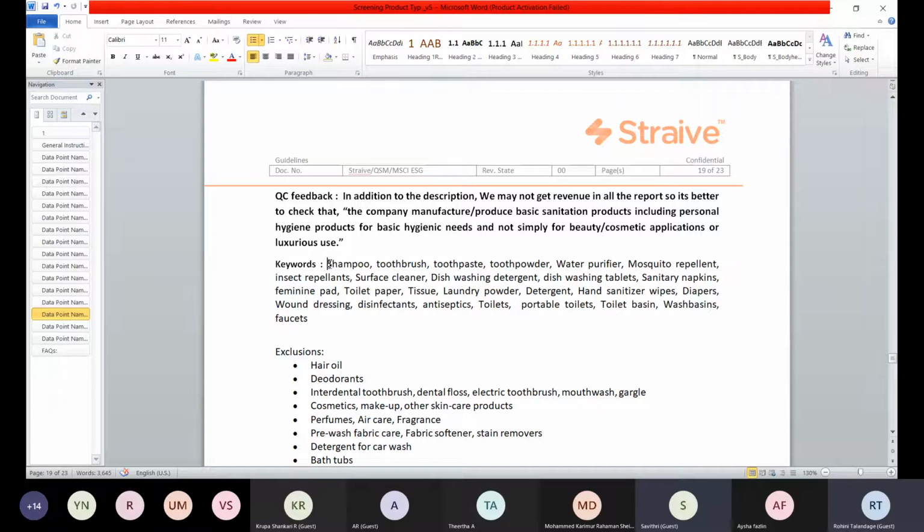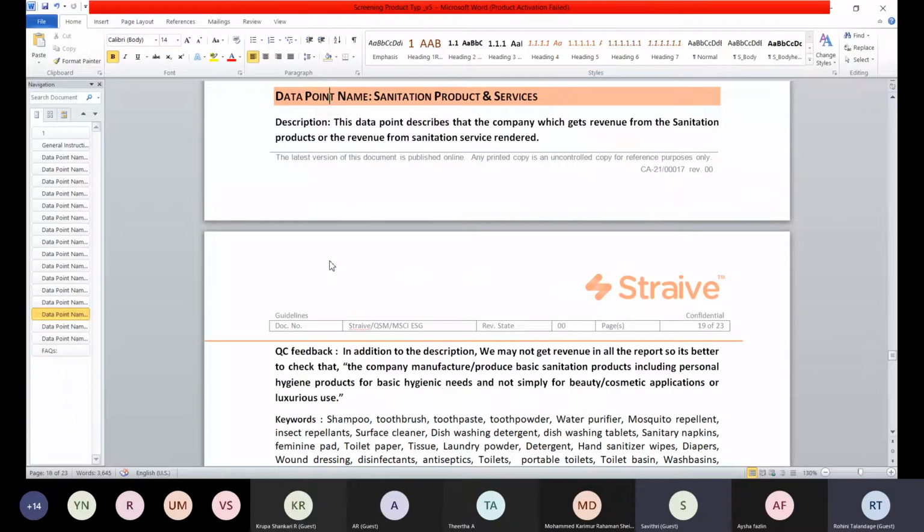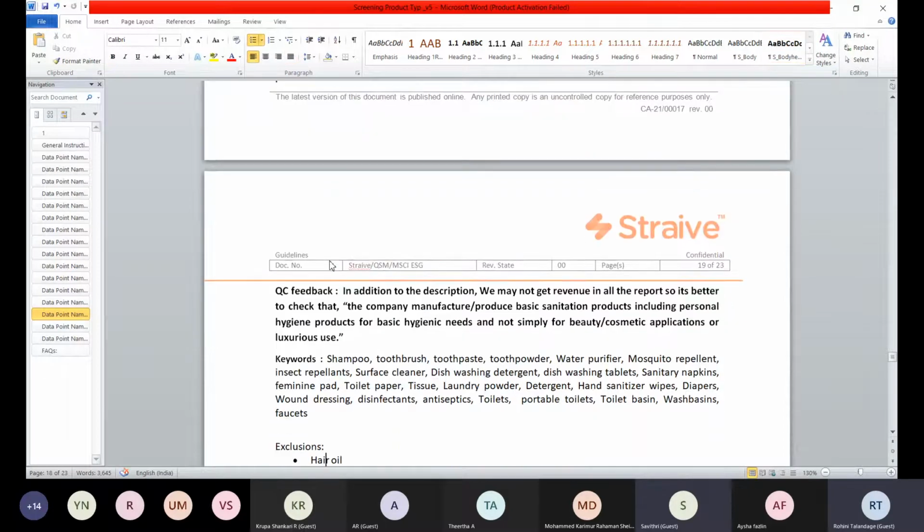Now we have these keywords like shampoo, toothbrush, toothpaste, tooth powder, water purifier. All these keywords are related to sanitation. So you need to check whether they are providing any product or services related to these products.